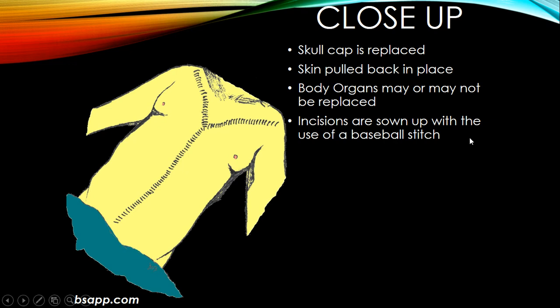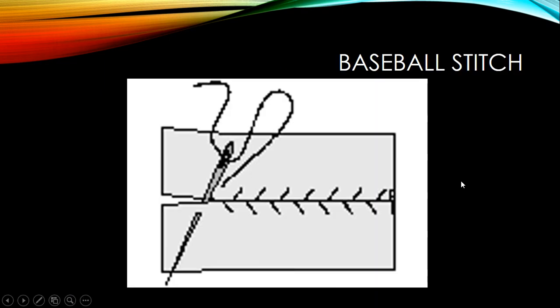If they are replaced, they're not reattached or put exactly in the same spots, but they are returned to the body cavity. And then the incision is going to be sewn up with the use of a baseball stitch. If you are familiar with what the stitching looks like on a baseball, that is the style of stitch that they would be doing. And it would look something like this.